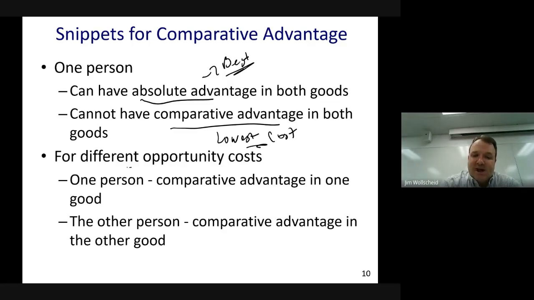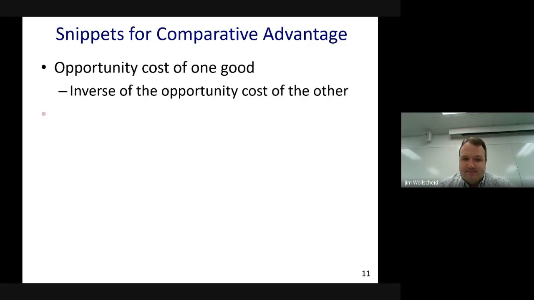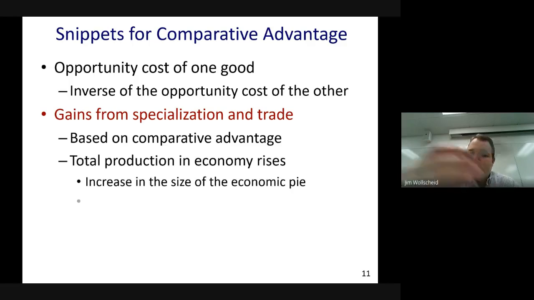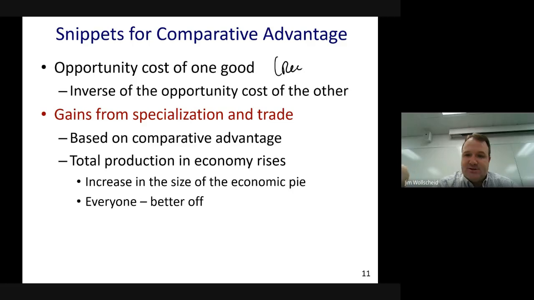So because of that, if one person has a comparative advantage in one good, then the other person must have it in the other good. Right? That's what reciprocals mean. The opportunity cost of one good is simply the inverse of the opportunity cost of the other good. They're reciprocals.